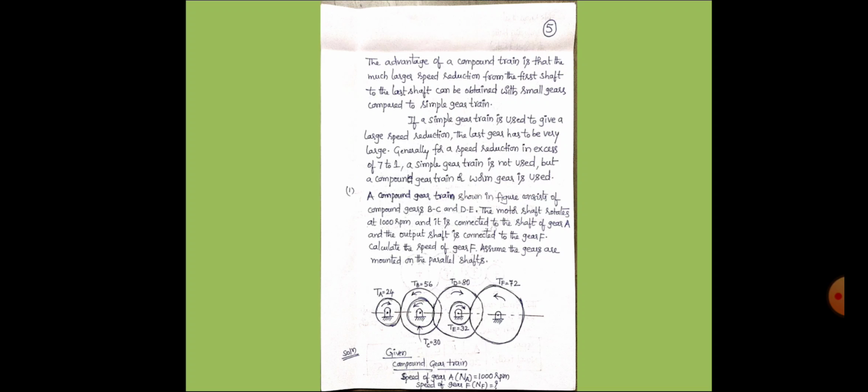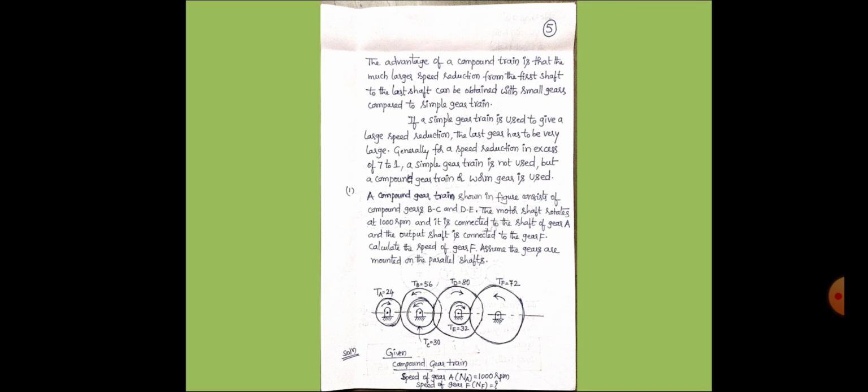A compound gear train shown in figure consists of gears B and C and D and E. The motor shaft rotates at 1000 rpm, and it is connected to the shaft of gear A, and the output shaft is connected to the gear F. So calculate the speed of the gear F, assuming that the gears are mounted on parallel shafts. This is the statement, and followed by this is the figure.